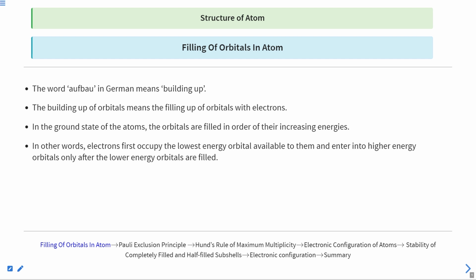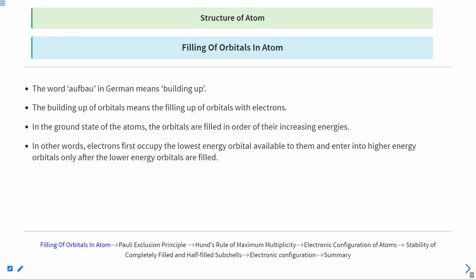Then 3s, 3p, 3d, all three subshells will have the same energy, and 4s, 4p, 4d, 4f will have the same energy. So this order is very important here. Clear? So how do we fill it? In the increasing order of energy.